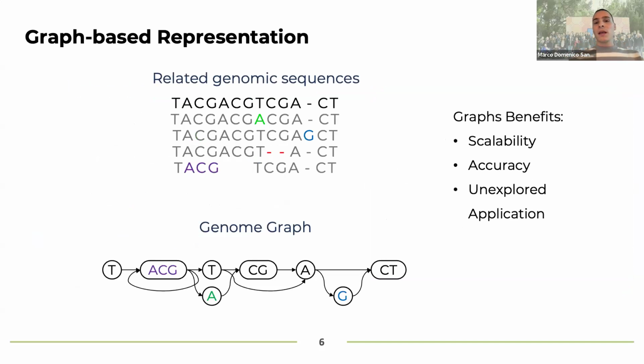For this reason, in recent years, genome graphs have been proposed as a more efficient and more compact way of representing the inter- and intra-individual variability, because of their ability to encode variations as alternative paths inside a directed graph. The problem here is that graphs are more complex structures than sequences, and this introduces new technical challenges when we have to develop graph-based computational pipelines for genome analysis.